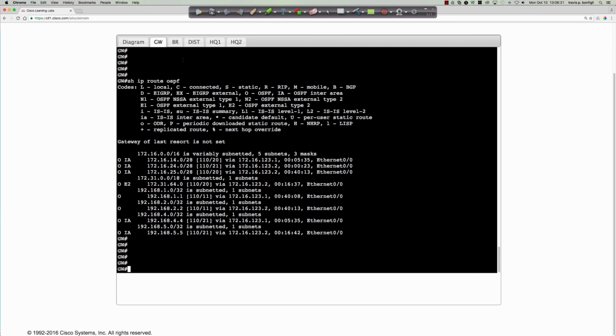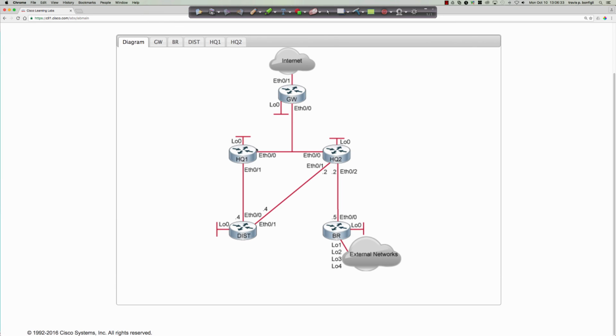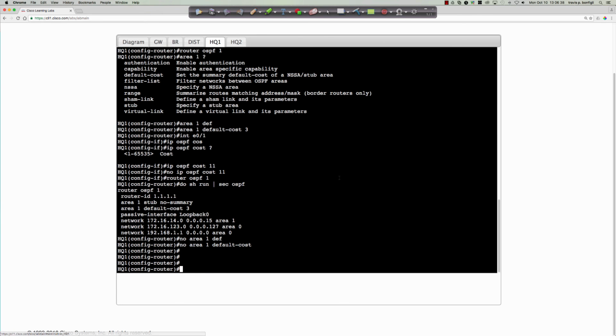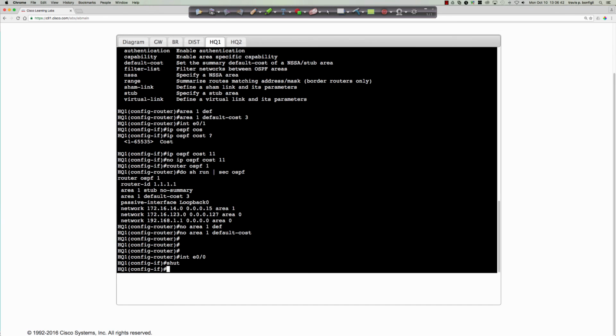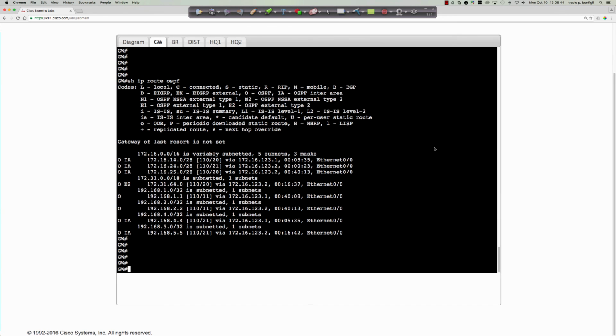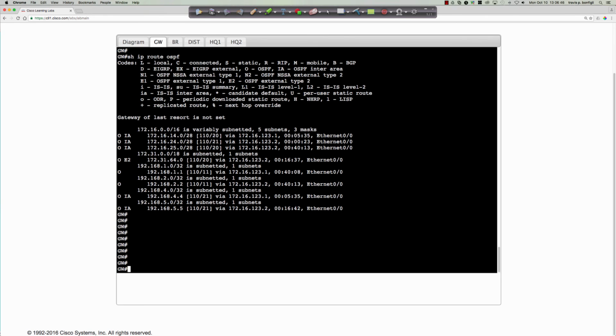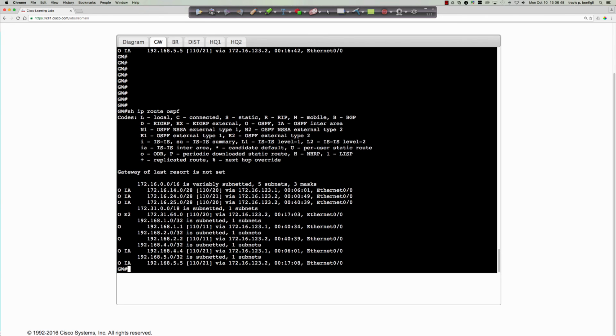So what happens then if I shut down Ethernet 00 there? And let's see if we end up with the expected results. Interface Ethernet 00 shut. Let's come back up to gateway here. And let's run this command again. And we may need to wait. Yeah, I think we're going to have to wait for the dead timer to expire.